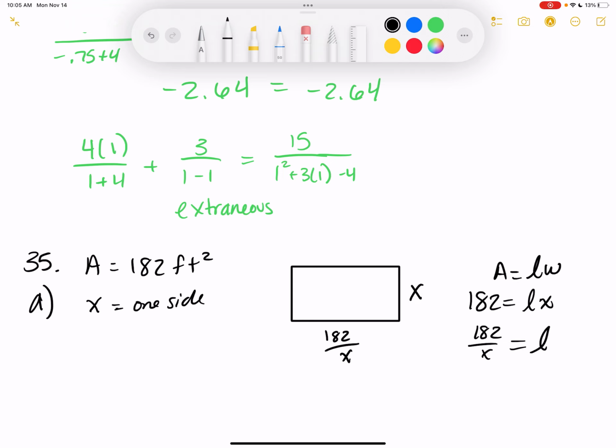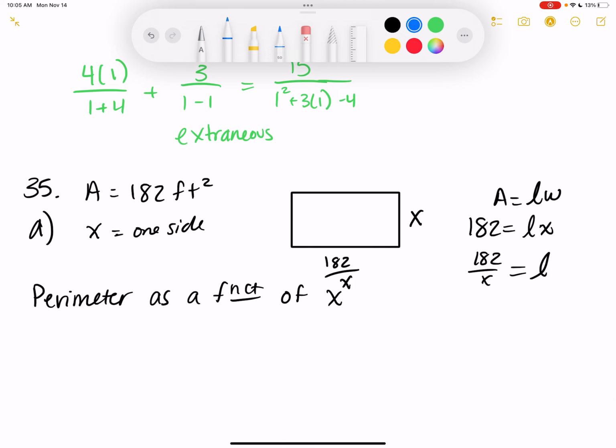So then I want perimeter though. Perimeter as a function of x. So in general, not specific to this problem, what is perimeter for a rectangle?